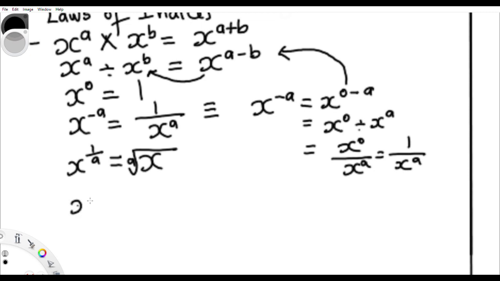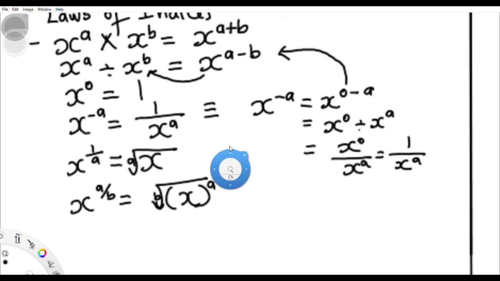And in case there is a numerator, the denominator comes to this place and the numerator comes here. I believe we know this. This is just to remind us.